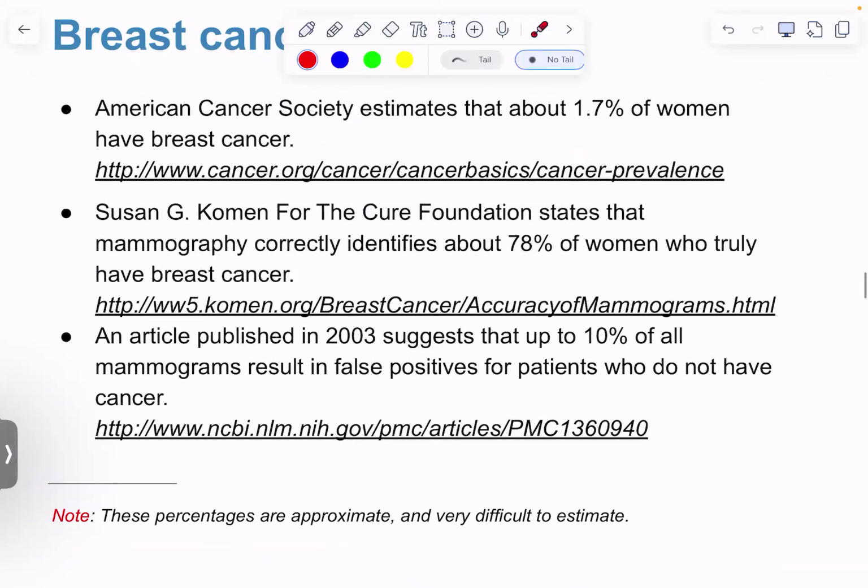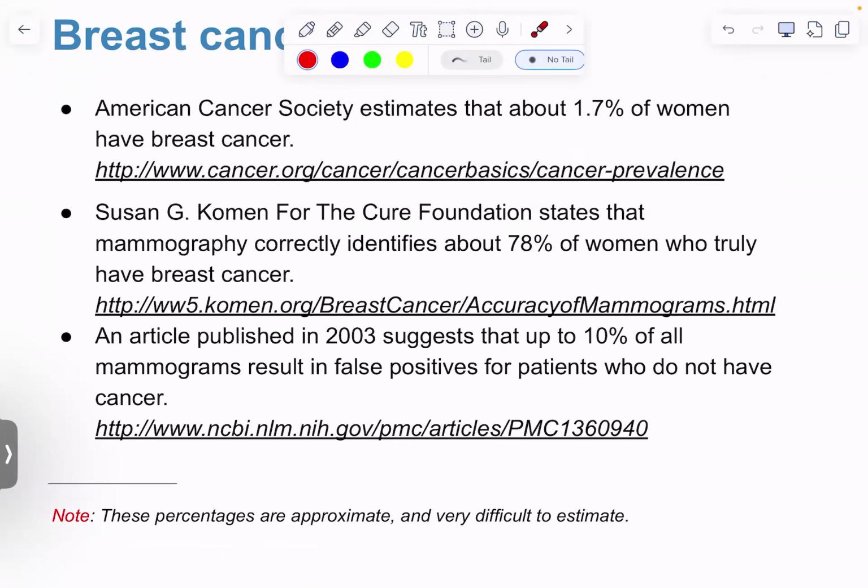This is really our first example in terms of formulating this tree in terms of a first event and then a second event, right? I'm going to say the first event is you either have cancer or you don't, okay? And then we do a test, right?